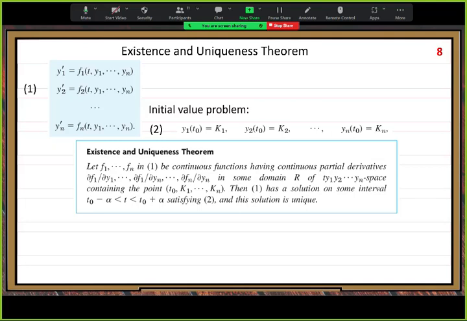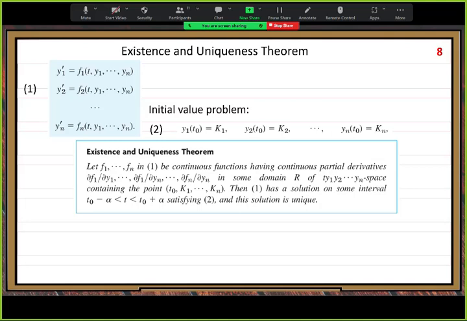How do you understand this capital R domain? We look at each component. For T0, we expect there is an open interval covering T0. For capital K1, we expect an open interval covering K1, and so on, for all those Ks.